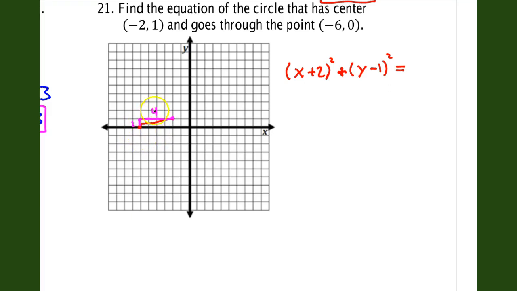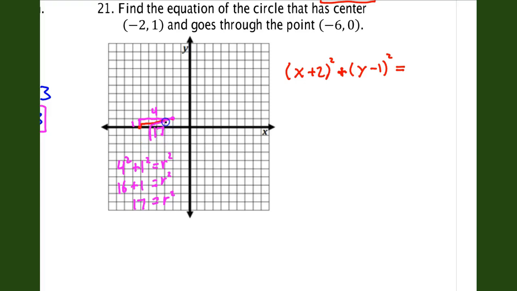So 4 squared plus 1 squared equals what, right? 16 plus 1, that's going to be 17. Equal to r squared, by the way. We could say c squared, but we're using r in this particular problem, so we're going to say 17.